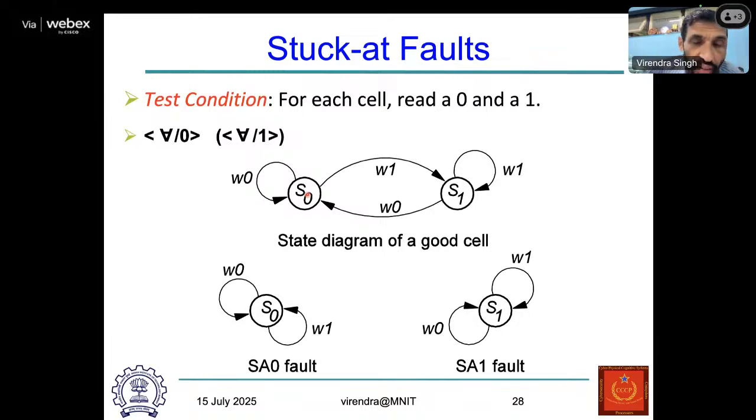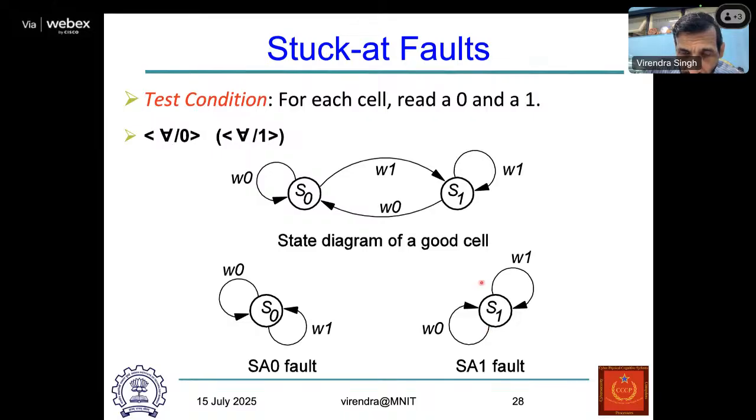Now, if there is a stuck at 0 fault, it is in state S0. When I write W0, write 0, it will continue to stay in the same state. But if I write 1, it will also continue to stay in state S0. So that would be the model of a faulty cell. This is the model of a good cell.